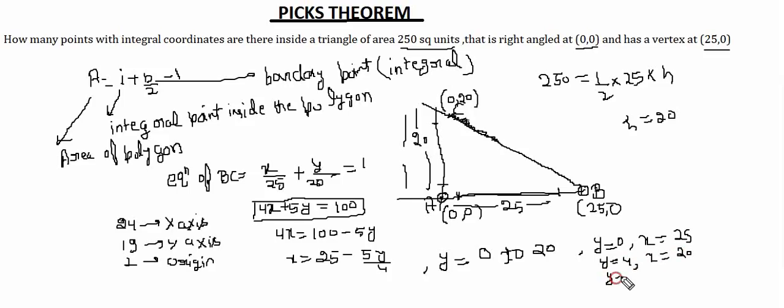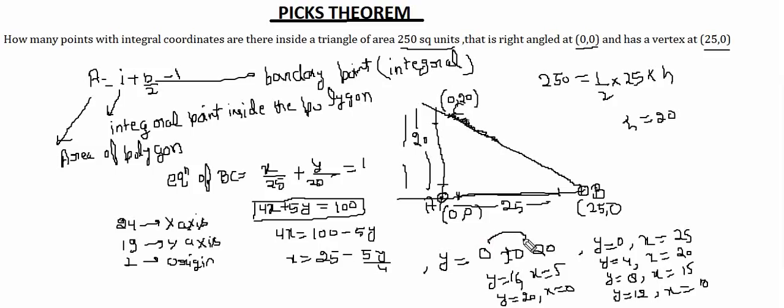When y is 8, x will be 15. When y is 12, x will be 10. When y is 16, x will be 5. And when y is 20, you will get x as 0. That means y will vary from 0 to 20 with a common difference of 4, so there are 6 possible values of x and y.